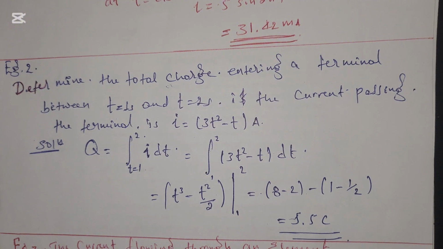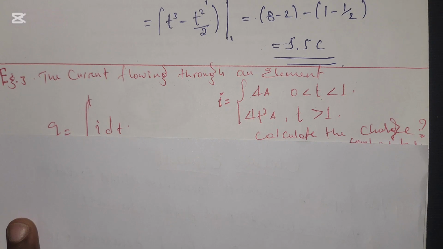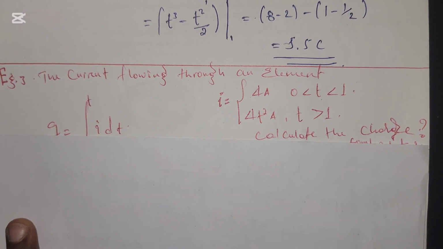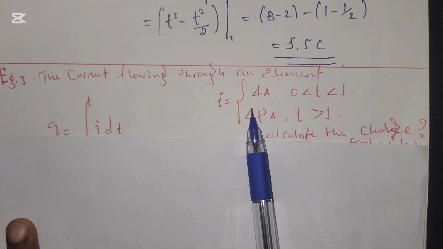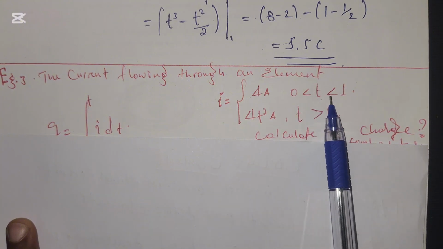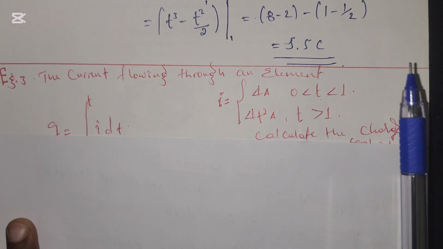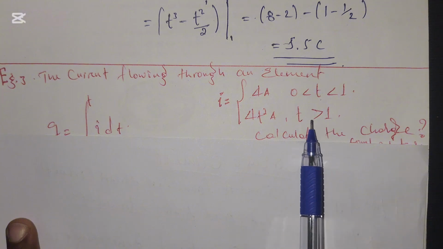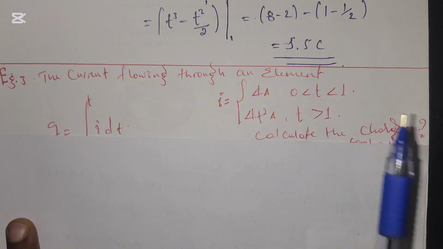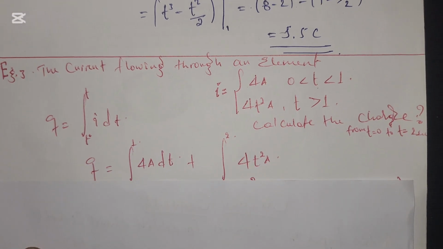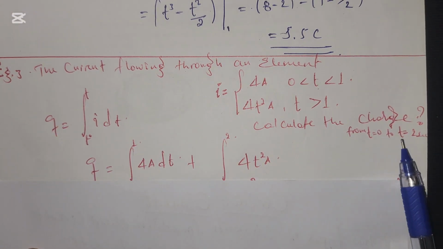Let's come to the third problem. The current flowing through an element is given by this function. It is 4 ampere when t is between 0 and 1 second, and 4t squared when t is greater than 1. We are asked to calculate the charge from t equals 0 to t equals 2 seconds.